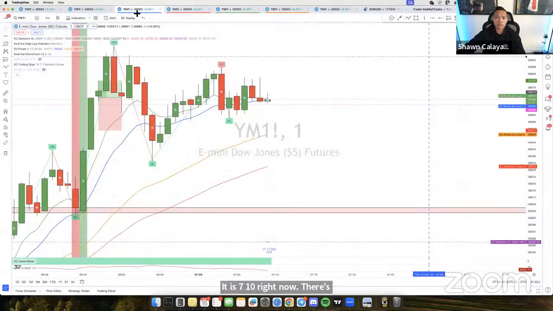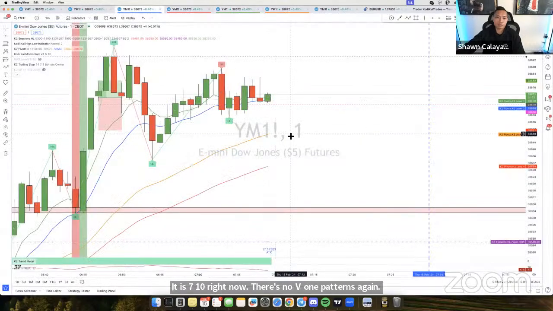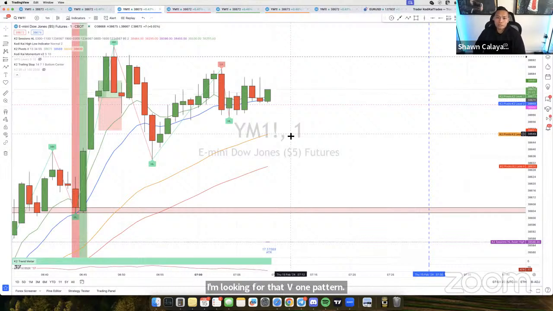There's no V1 patterns again. I'm looking for that V1 pattern. If I can get a V1 pattern, it's probably going to push up. But right now, it's kind of still just going back and forth. This is why we cut off the trade at 7 o'clock, because this is where the volatility dies down.